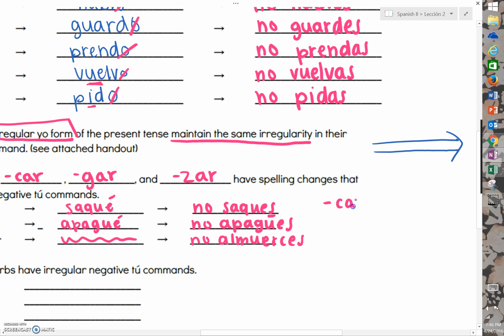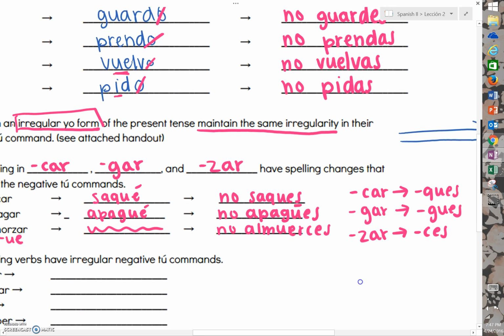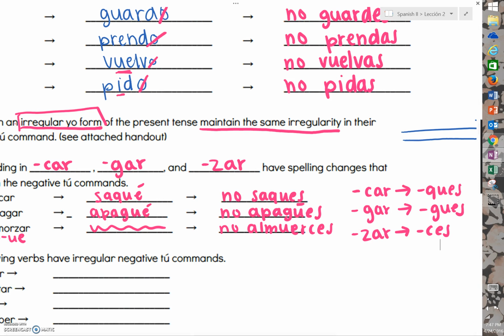So car verbs in their negative tú command are going to add ques. Gar verbs are going to add gues. And zar verbs are going to add ces. And no accents on any of them. Try these car-gar-zar verbs on your own.